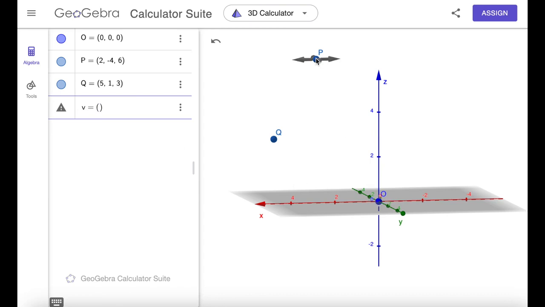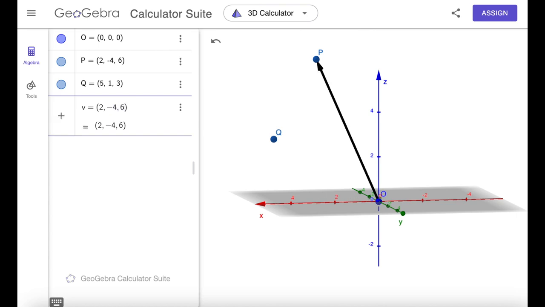Now remember, the components of that vector are going to be the terminal ordered triple minus the initial ordered triple. So all of these points minus all of those, well, that's our point p, 2, negative 4, 6, minus 0, 0, 0. So that's going to be the same as 2, negative 4, 6, giving me that vector that originates at the origin and terminates at our point p.